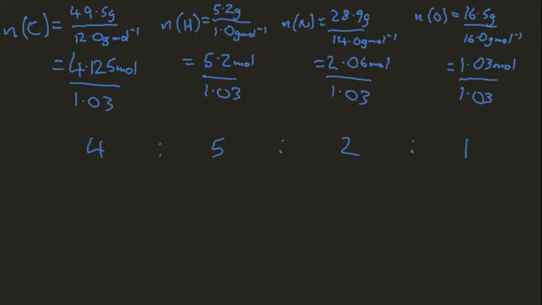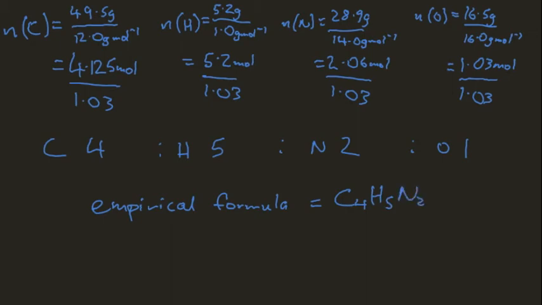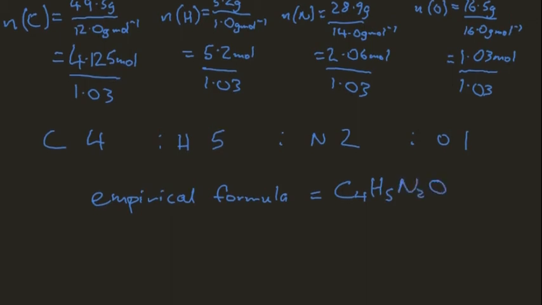Just to remind us what we've got here, we've got carbon, hydrogen, nitrogen, and oxygen. So our empirical formula equals C4H5N2O. Nice and easy.